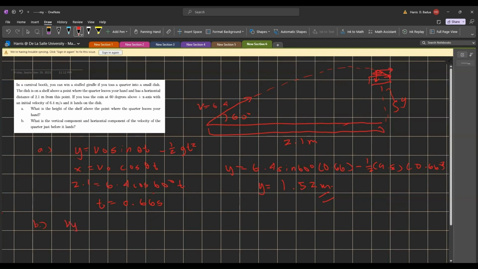V sub y is equal to the initial velocity v sub 0 sine theta minus gt. So substitute na natin. This is Vy equals 6.4 sine 60 minus 9.8. Then, remember, since dito siya mag-i-stop, same pa rin yung time na gagamitin natin. So, that's 0.66 seconds.